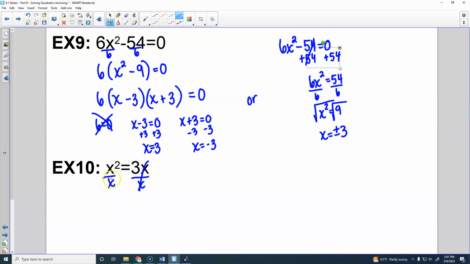And so x squared divided by x is just x. You took an x away, and then you get 3. It will give you one of the answers, but if you ever divide both sides by x, you're going to lose an answer. Okay? So this is not something that you want to do. It'll get you one of the right answers, but it won't get you both answers. So you don't want to do that.